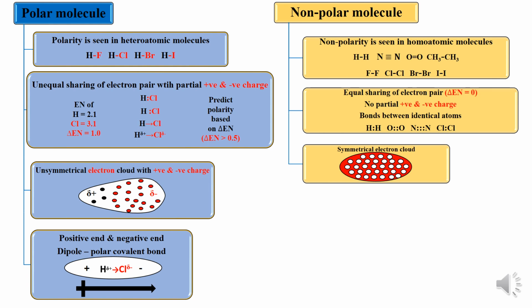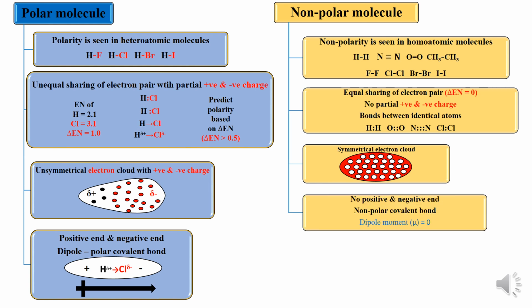To put it in simple terms, there is even distribution of negatively charged electrons in the non-polar molecule. Therefore you don't find any positive and negative end, and therefore non-polar molecules have a non-polar covalent bond, and the dipole moment will be 0.